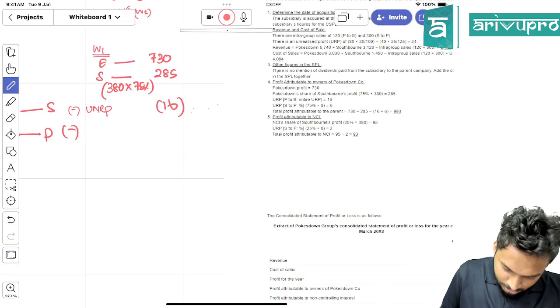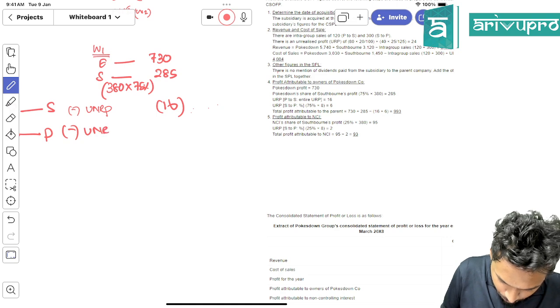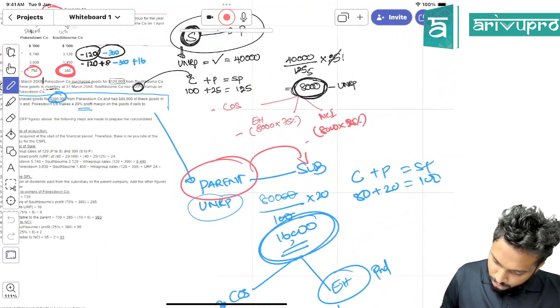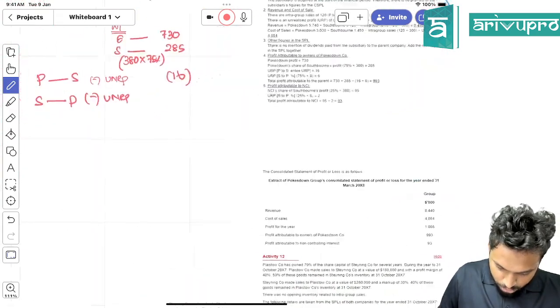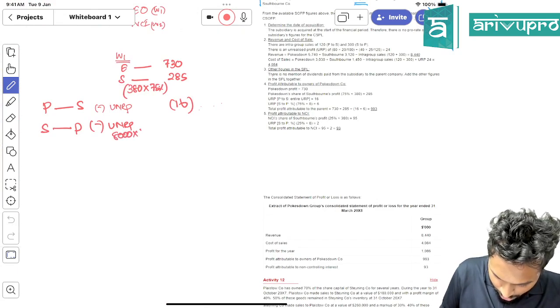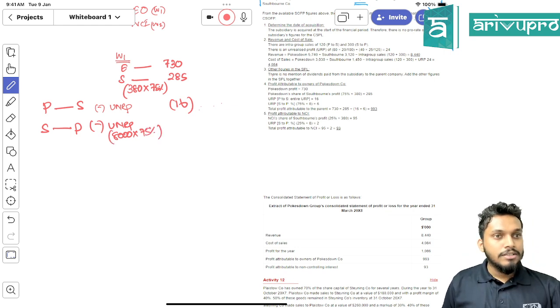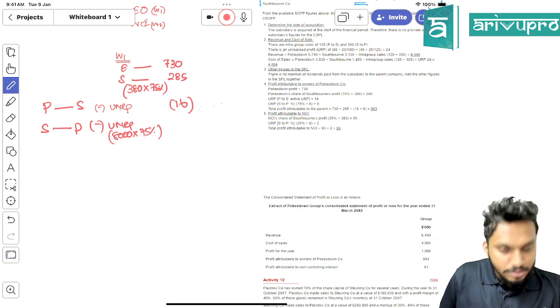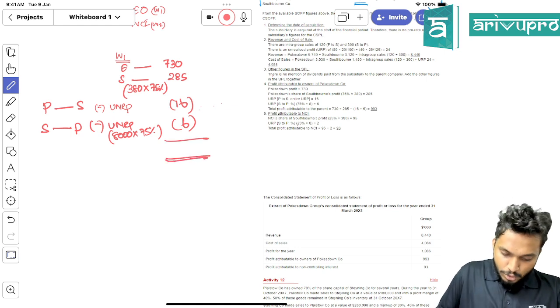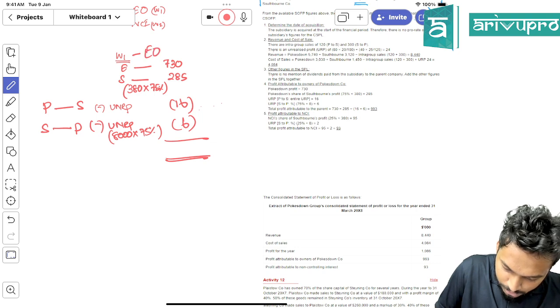In that instance, the unrealized profit you need to calculate. So 8,000, right? Of this 8,000, I need to bear 75%. I need to bear how much? 6,000. So I need to deduct 6,000. So then you will make the total profit attributable to the equity owners.